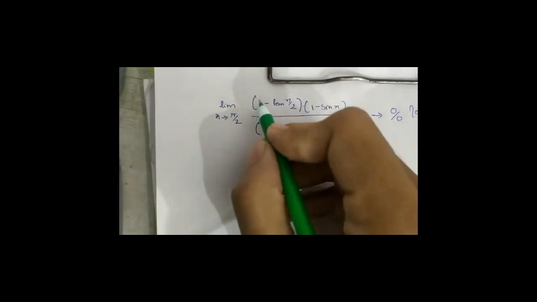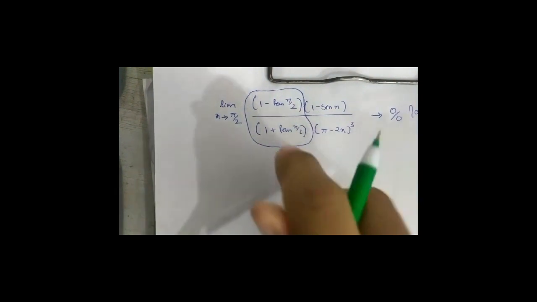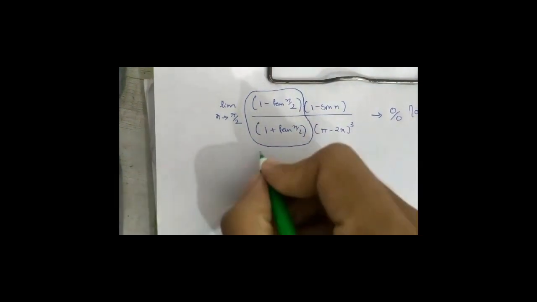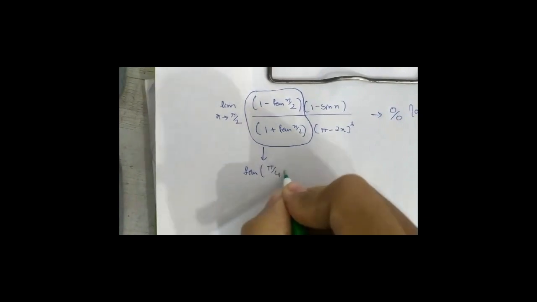So if you see here, what is this? Just observe this. This is basically nothing but tan of pi by 4 minus x by 2, right? Okay, so we can write this whole limit like this now.